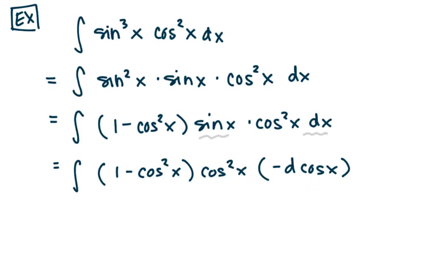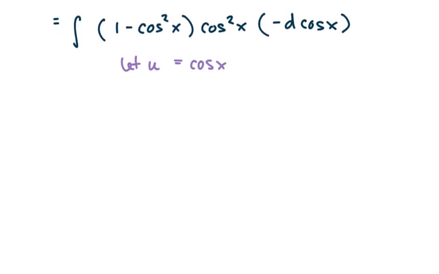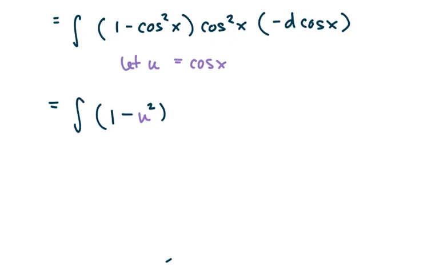At this point, you'll notice that everything's written in terms of cosine. So we would do a u substitution here. I would say, let u equal cosine x. Doing that gives me the integral of 1 minus u squared times u squared times negative du. Of course, I need to close my parenthesis there.